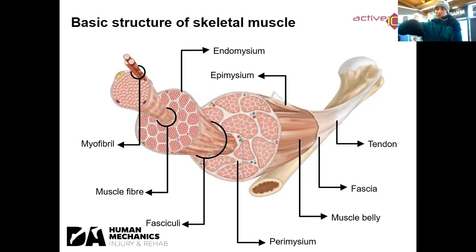So the epimysium is around, the endomysium is within, but similar sort of material. Then again, if we pull that other straw out, if you pull the fascicles out, your fascicles are made up of, again, multiple individual muscle fibers.